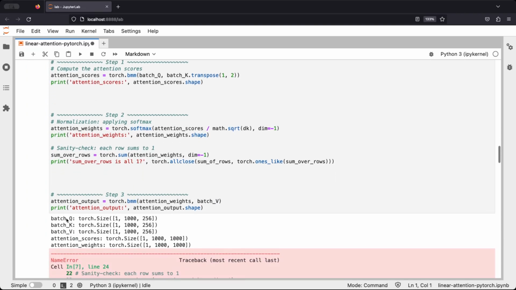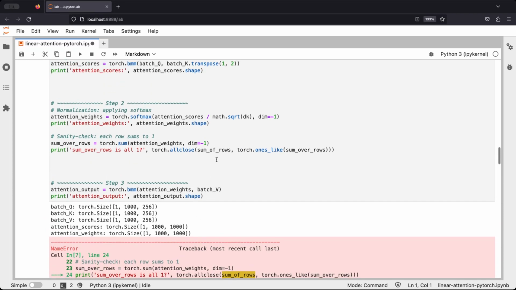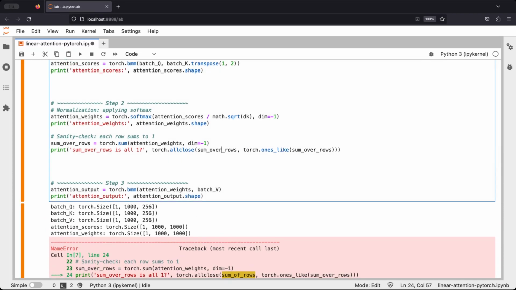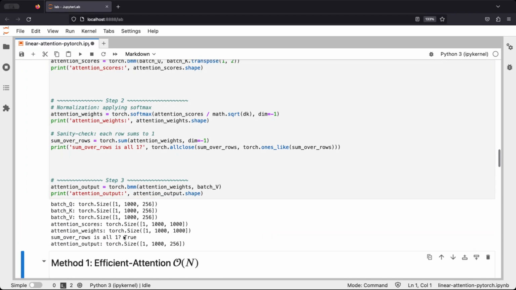So now you can see batch q's first dimension is 1, but that is the batch dimension. So b, n, and d. Attention scores is b, n, n, and attention weights is also the same. The error that I'm getting here looks like I have another sum of rows. So sum over the rows, and then we can see the attention output is also b, n, d.